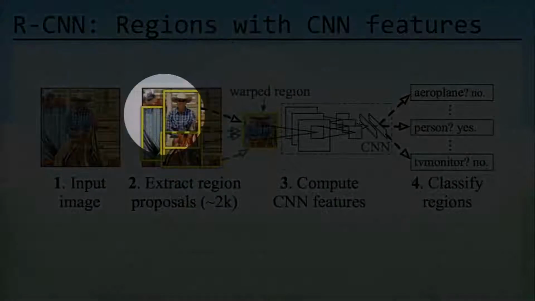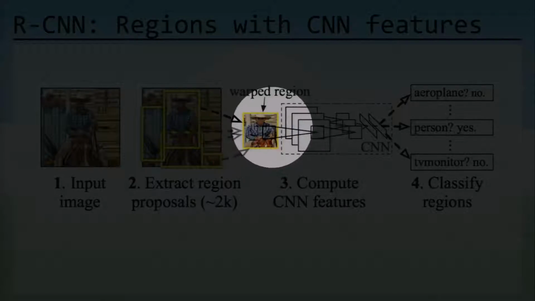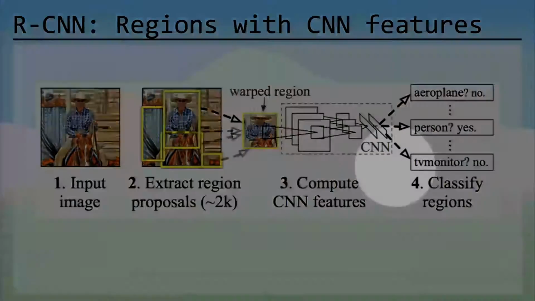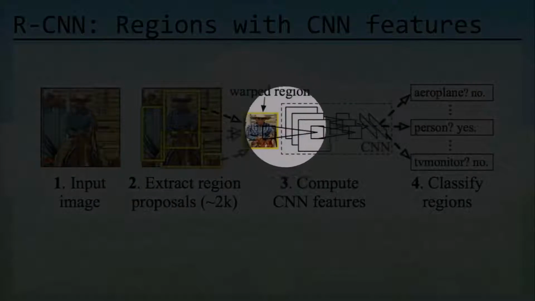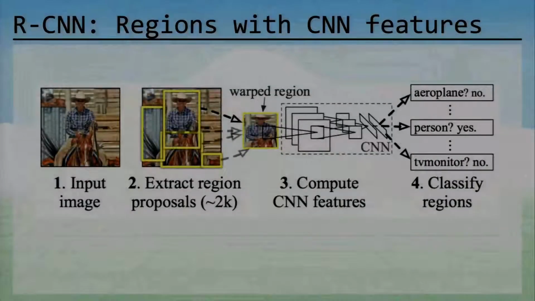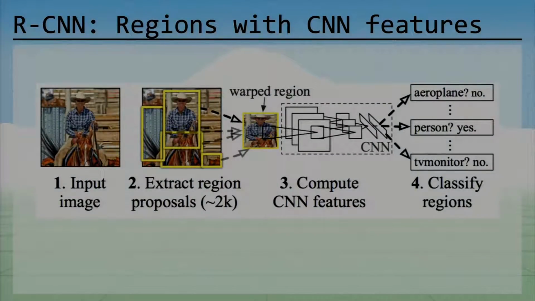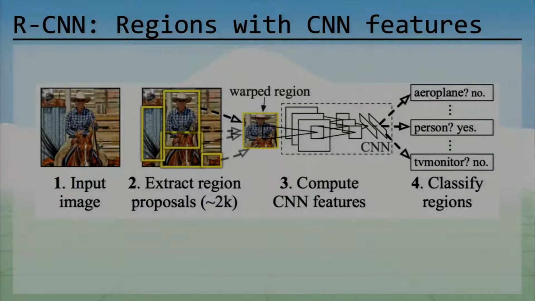Then we take the image components of just these bounding boxes, resize them to fit this neural network that we have, and run them through the neural network to classify: is this a person, is this a dog, is this a cat, or is there just nothing here? Maybe it's just background. If all of these classification probabilities end up being no, then we know that there's no object associated with this region, and we can throw it out completely. So instead of sliding window detection, we're going to do this region proposal-based method.